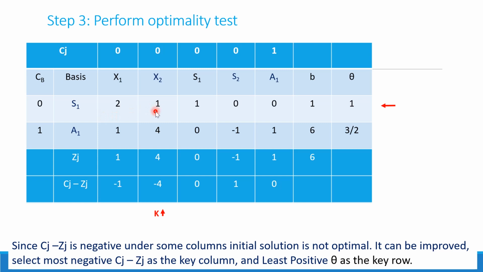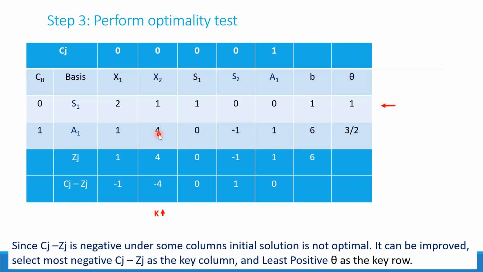This particular key element is already unity, so no need to make it unity by dividing anything, but this 4 is to be converted into 0. Therefore subtracting it from 4 will make it 0.